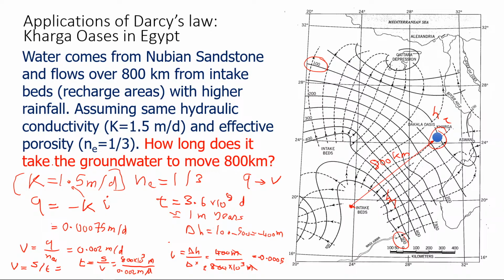I found an average K value and calculated it. I assume that porosity is 1/3. This is just a quick assumption. Then you get a map like this. You can get it from any image or research paper online. And then you just do your calculation.